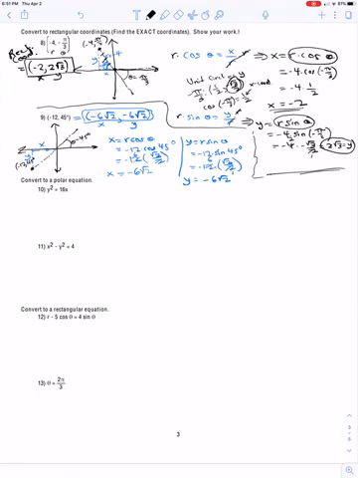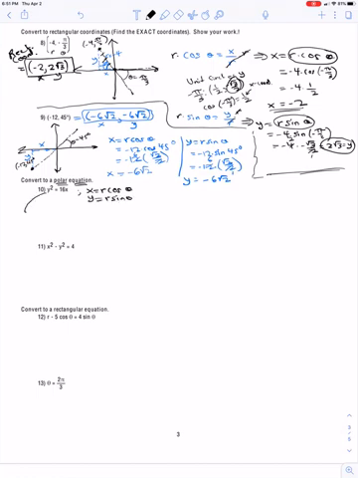All right, let's go to equations. Here we've got some rectangular equations. y squared equals 16x. We want to convert it to r and theta. So remember, what does x equal? We know x equals r cosine theta, and y equals r sine theta.